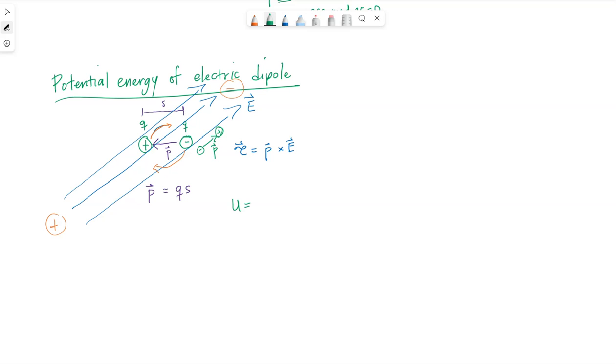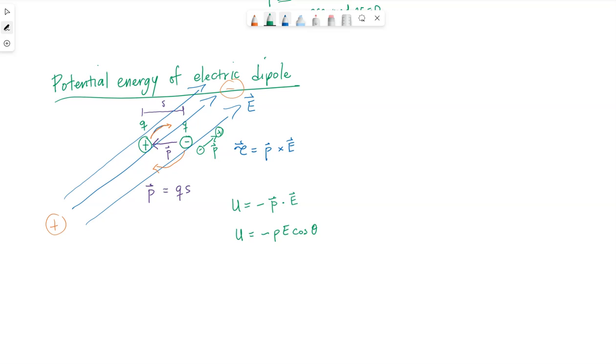That potential energy will turn into kinetic energy as it starts to rotate. The equation to calculate the potential energy of the dipole moment in this electric field is negative P, the dipole moment, dotted with the electric field. We can write any dot product equation as the magnitude of the two vectors times the cosine of the angle between them.